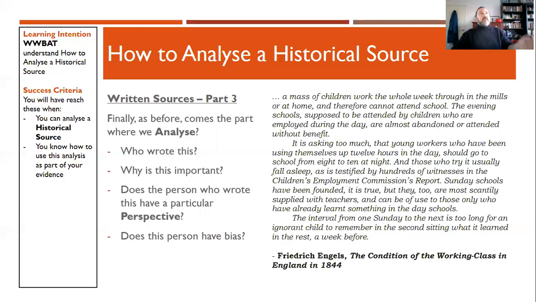Whereas if you were to read contemporary Indigenous Australian accounts from the time, they might have very different perspectives of these new people who've arrived in their country. So perspective is important, and who is writing and who is saying something is important, because that might inform whether or not they're biased. And that helps us when we are trying to evaluate or give value to a source and try and find out how useful that source is.